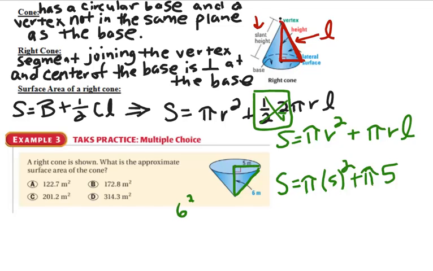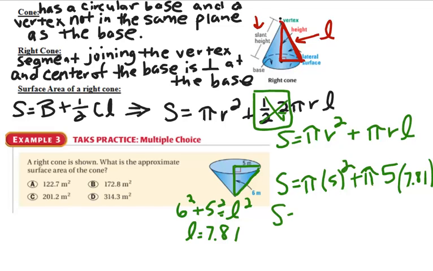So I can do 6 squared plus 5 squared is going to equal that slant height squared. And when I plug that all in my calculator, 6 squared plus 5 squared, and then I'm going to take the square root of it, my L is going to be 7.81. And so that's what we're going to put here, 7.81. All right?